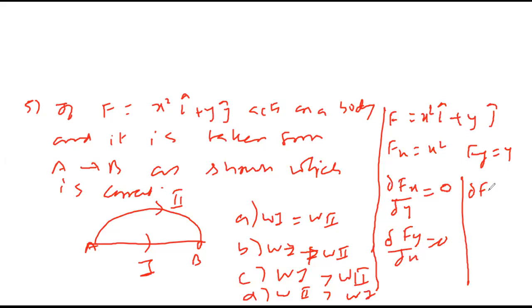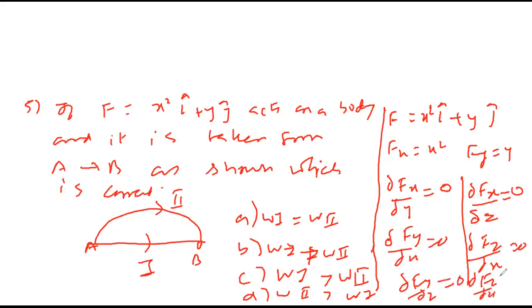The derivative of x with respect to z equals 0 because the z component is 0. Z with respect to x also 0. Now y with respect to z will be 0 and z with respect to y is 0. So all are equal. Therefore force is conservative.